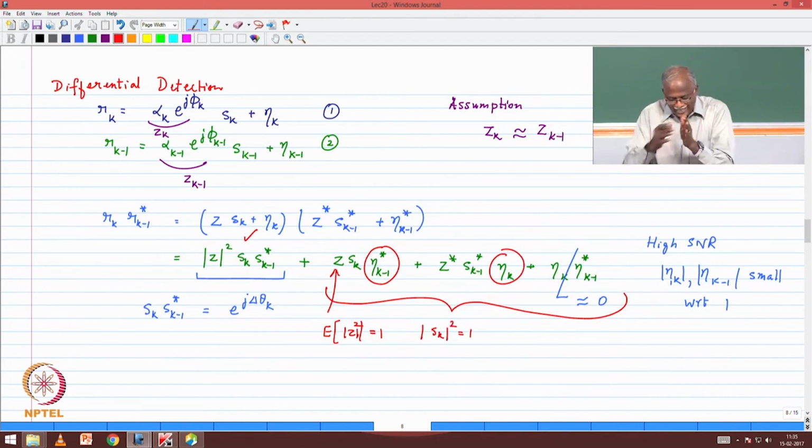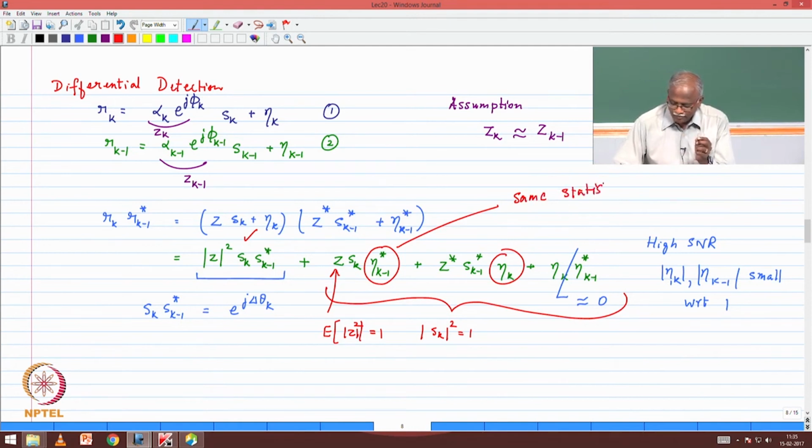So if I'm looking at a normalized equation where expected value of z squared is equal to 1, then this has got the same statistics as eta k. Okay, as eta k. So what is eta k?